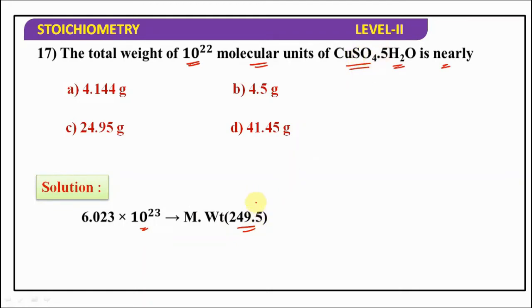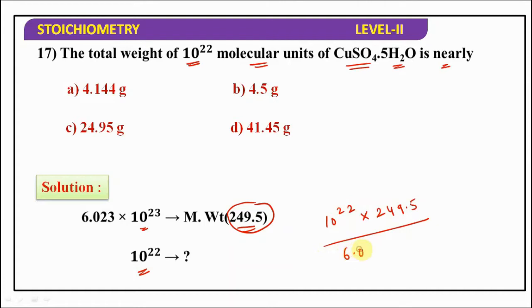This is the mass of Avogadro number of molecular units. But how many molecular units do we have? 10 raised to 22 molecular units. The mass is 10 raised to 22 into 249.5 upon 6.022 into 10 to the power of 23. If you solve it, you will get the answer 4.144 grams. Understood the point, children?